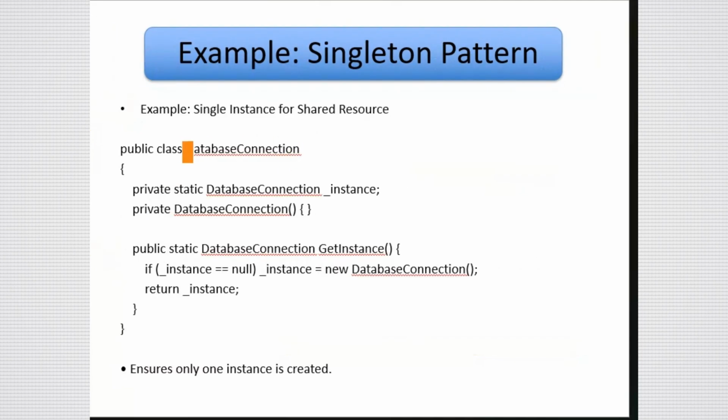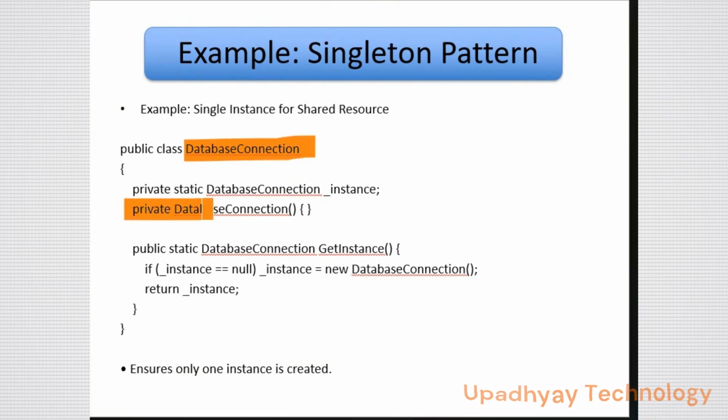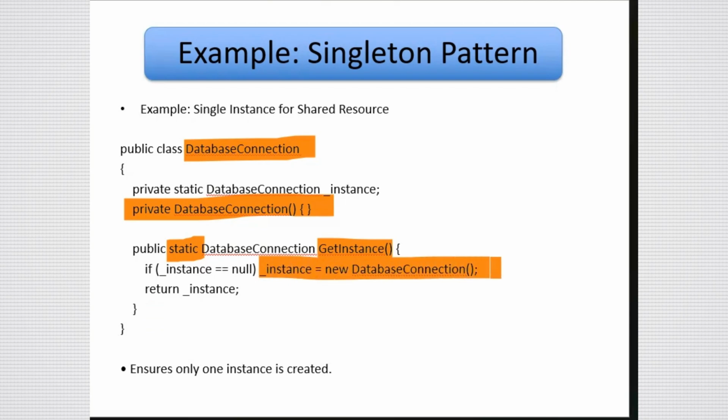Here I have written another class, the DatabaseConnection class, which contains this private constructor, as you are seeing on the screen. And then I have written a method called GetInstance, which is a static method in which I am going to initialize this class.